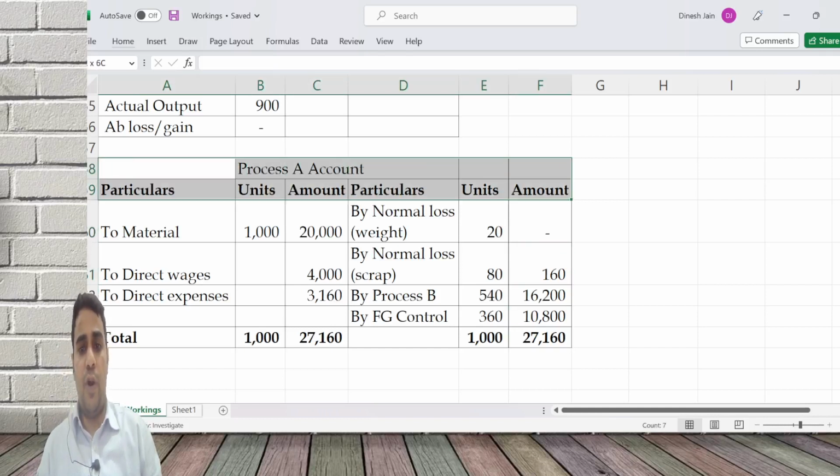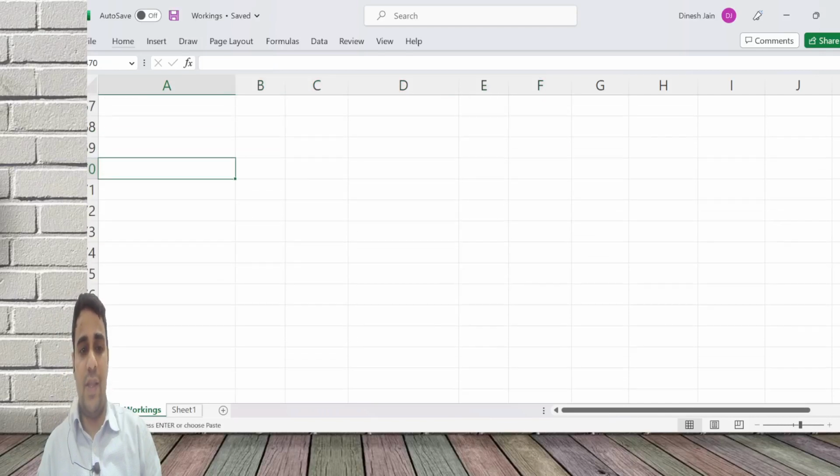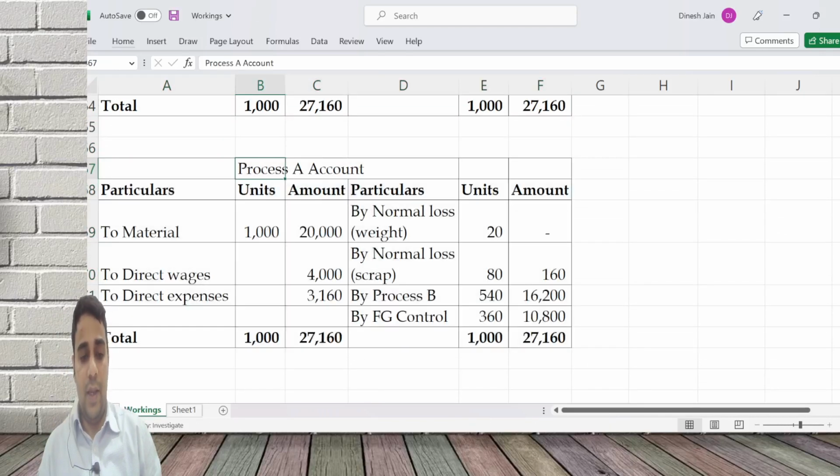I will write process B account and then come to input output statement. There's a reason for that. I can also directly do, but let me do it this way.